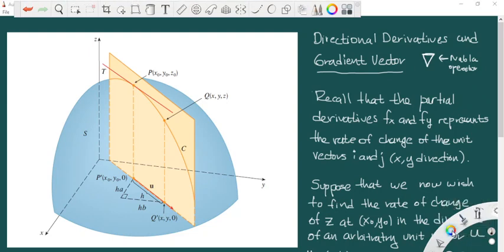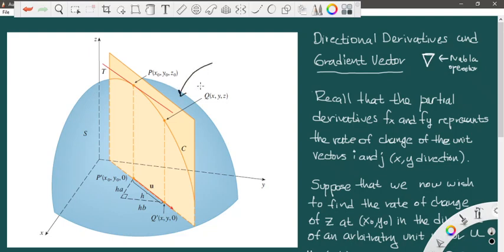In this case, let me change the color. So all the blue is some value of z that equals a function of x and y. All the blue surface.